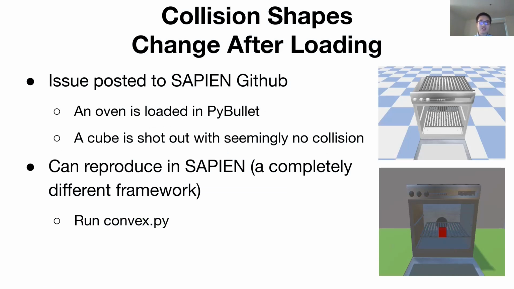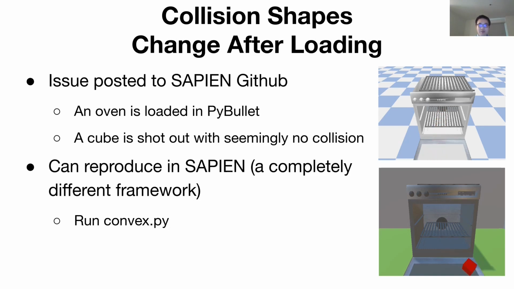The next issue is connected with the previous one. That is, the collision shapes of objects may be changed after loading. And here is a real issue posted to the Sapien GitHub. So a user loaded this oven into PyBullet and placed a cube into this oven. Here, the cube is shot out with seemingly no collision.